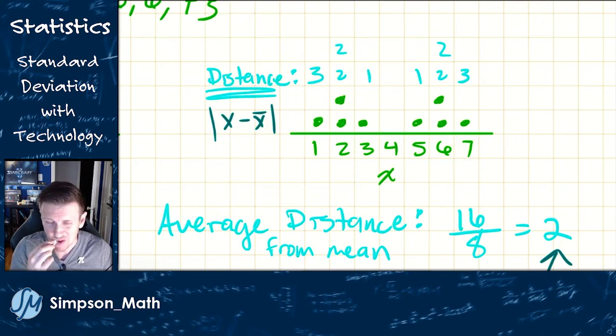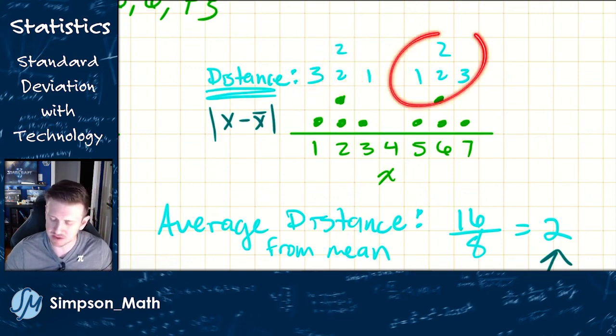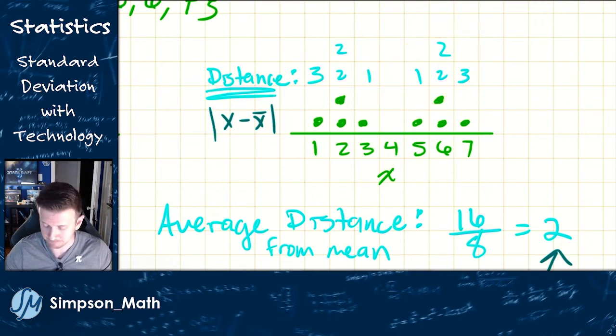So what we've done is we found the absolute value of those deviations, and we've gotten this. So instead of -1, it's 1. Instead of -2s, it's 2. Instead of -3, it's 3. But notice the absolute value of 1 is still just 1. It doesn't change signs. So these are the distances that the values are away from the mean.